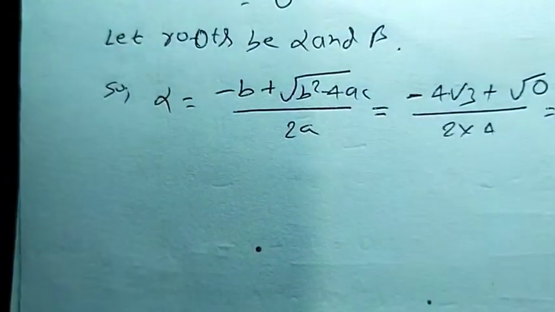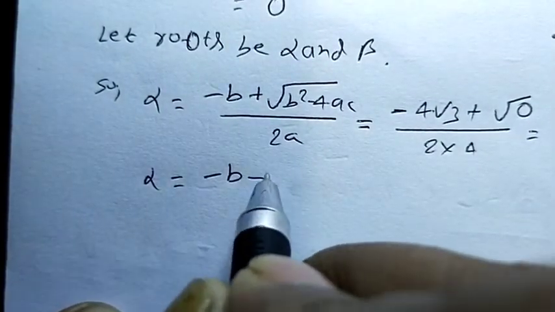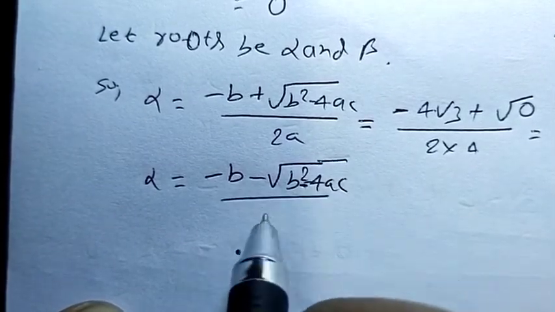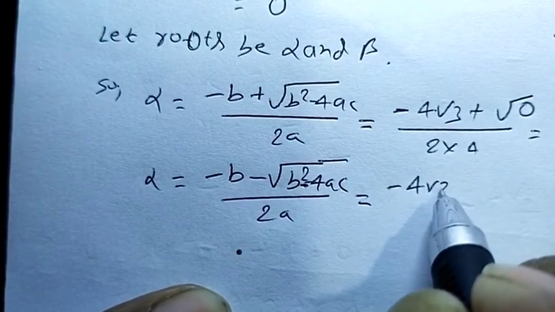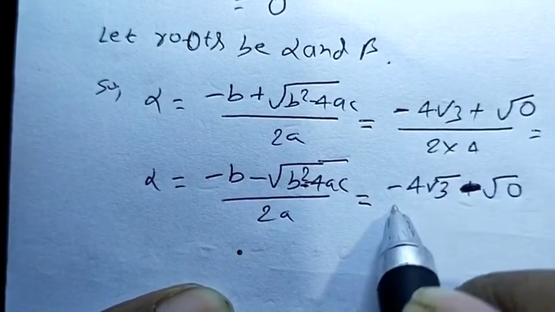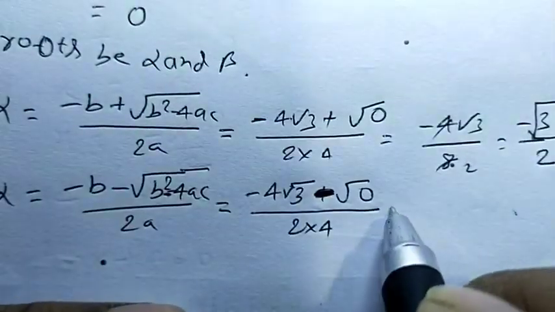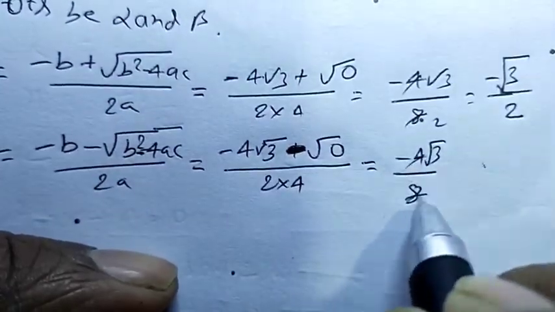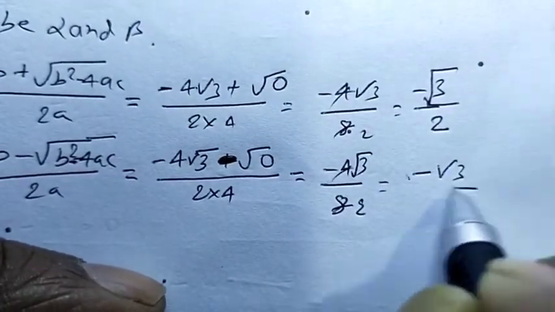The beta is also same. Beta is equal to minus b minus root under b square minus 4ac by 2a, is equal to minus 4 root 3 minus root under 0 by 2 into 4, is equal to minus 4 root 3 by 8, that is equal to minus root 3 by 2.